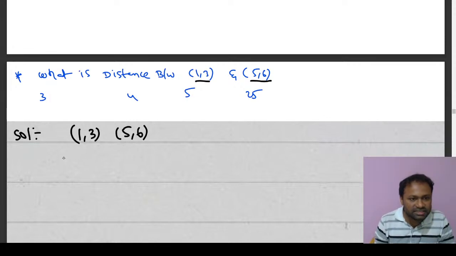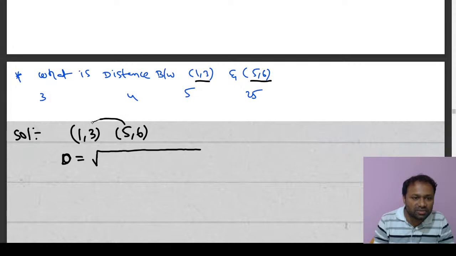So distance is equal to, directly we can write the formula. This is distance. Right, so x2 minus x1 whole square... that is nothing but 5. Somebody saying 5, is it correct or not?